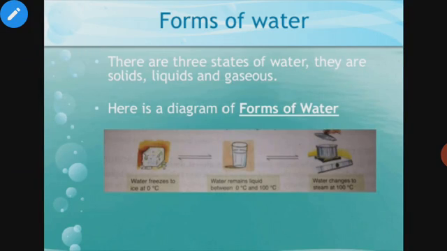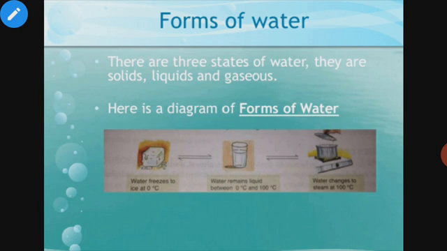In the previous lecture I discussed water and how we see water in our daily routine. We know that water exists in three different forms, or we can say there are three states of water. They are solids, liquids, and gases.